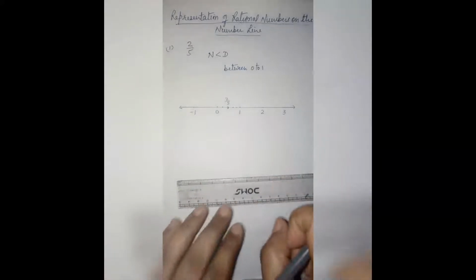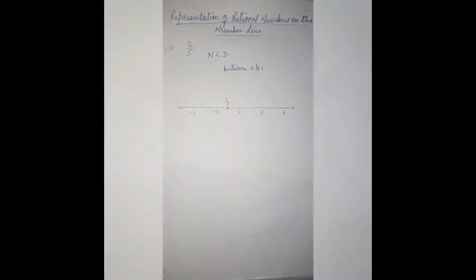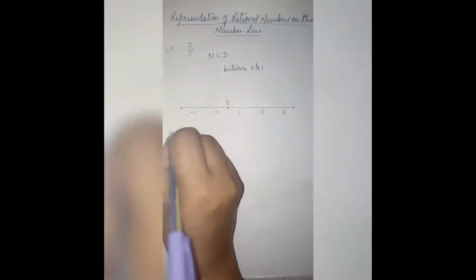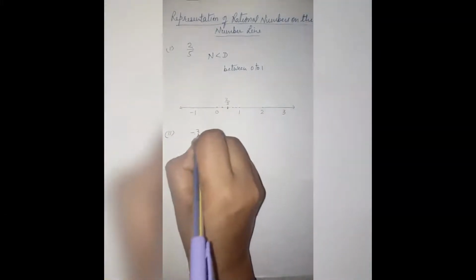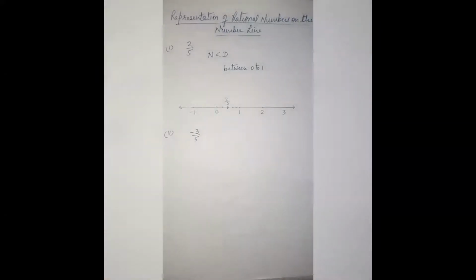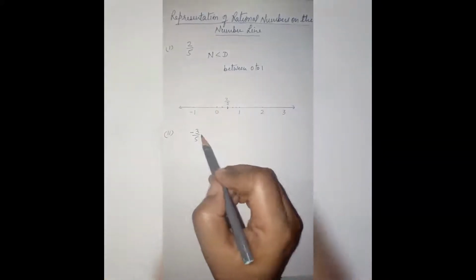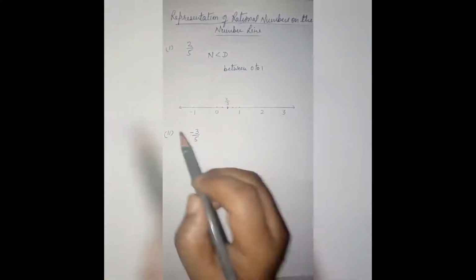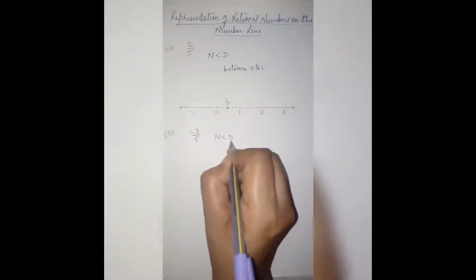And now I am taking one more example. If you are given minus 3 upon 5, here also you can see that the numerator is smaller than the denominator.